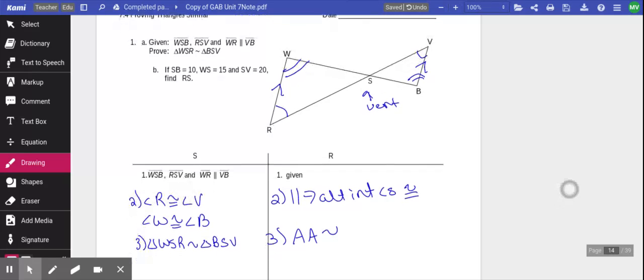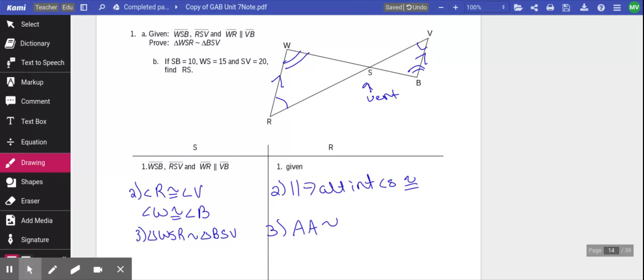Now, to do the rest of the problem, they told me that SB is 10, WS is 15, SV is 20, and RS is what I'm looking for. If you look at how my triangles are similar, I kind of have to spin it.